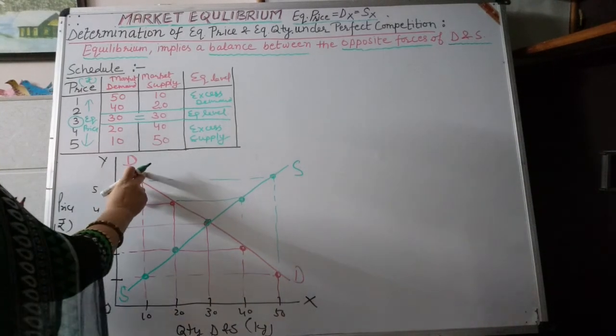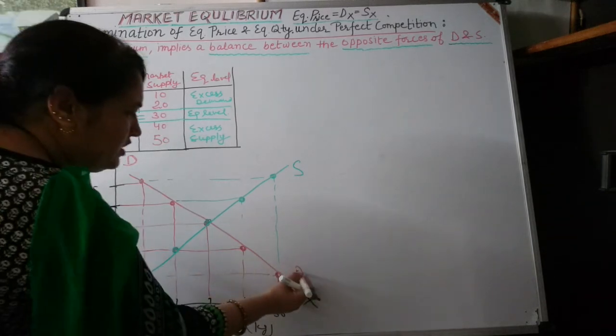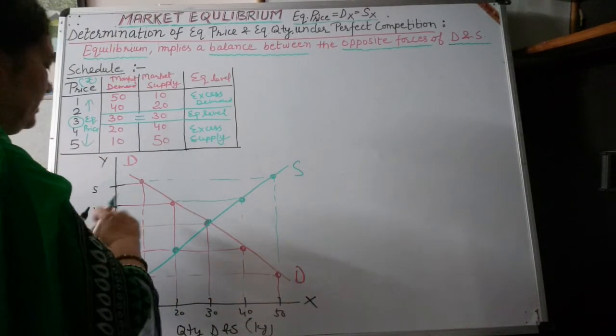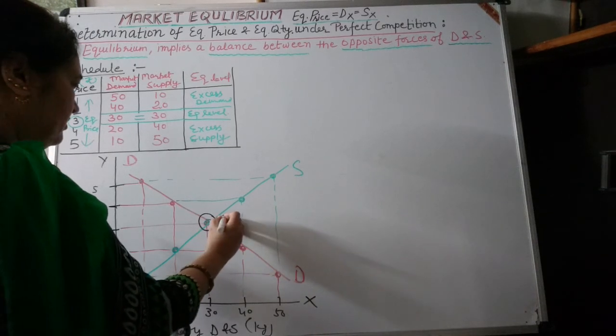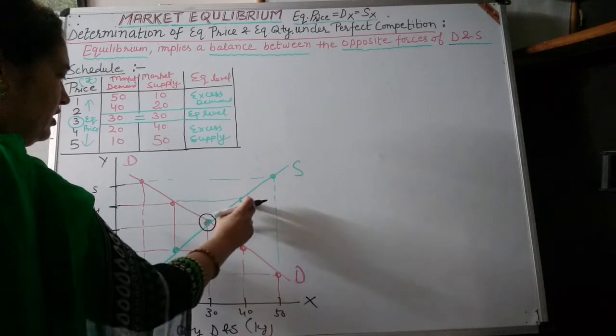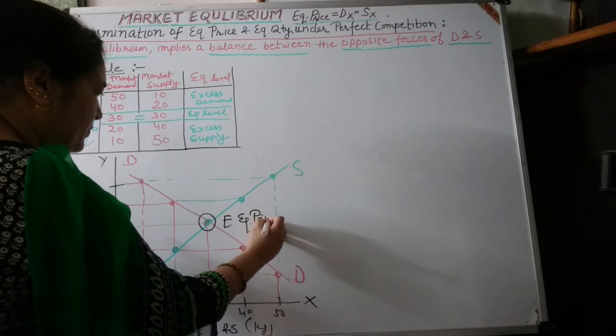So the consumer's wish can be determined by the demand curve and the producer's wish can be determined by the supply curve. The intersection point where the DD demand curve and SS supply curve intersect each other is the equilibrium point.